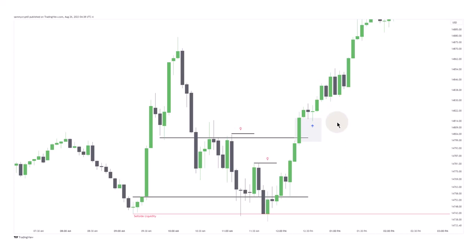Okay, so there is our unicorn entry, and like I said, for Nasdaq, the unicorn entry is the entry I use 70% of the time. That's the entry that happens. If you want to wait for price to trade back to the order block, I'm not debunking order blocks, order blocks work very fine.